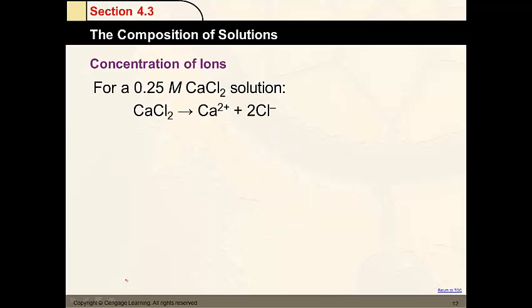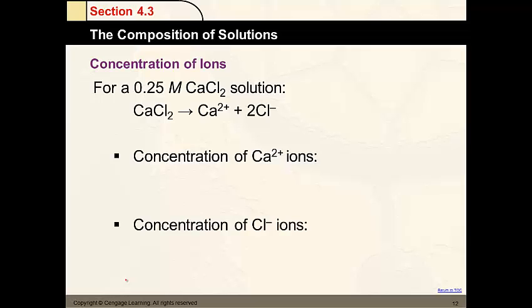All right, next. If we have a solution of calcium chloride and we want to look at how it dissociates, it gives us 1 calcium and 2 chloride particles. We can find the concentration of each of these. So how I think of it is this: we have 0.25 molar calcium chloride, and that gives us 1 of these and 2 of these.